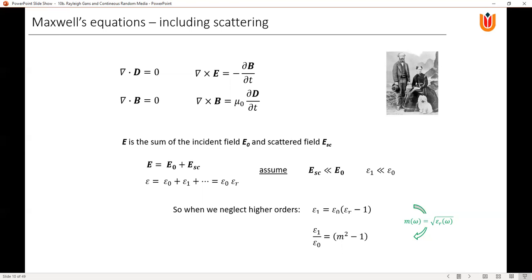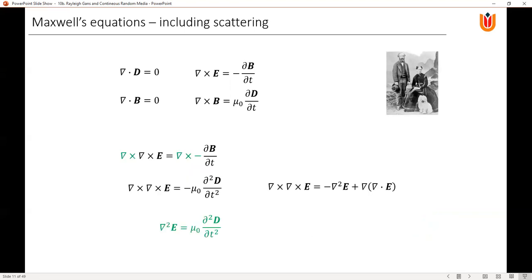Neglecting higher orders, we can isolate basically the first order, epsilon 0 times epsilon 1 minus 1. With the expression for the refractive index that we had before, we can substitute that refractive index. Now all of a sudden we have a little bit of a cheeky way to insert the refractive index into these Maxwell equations.